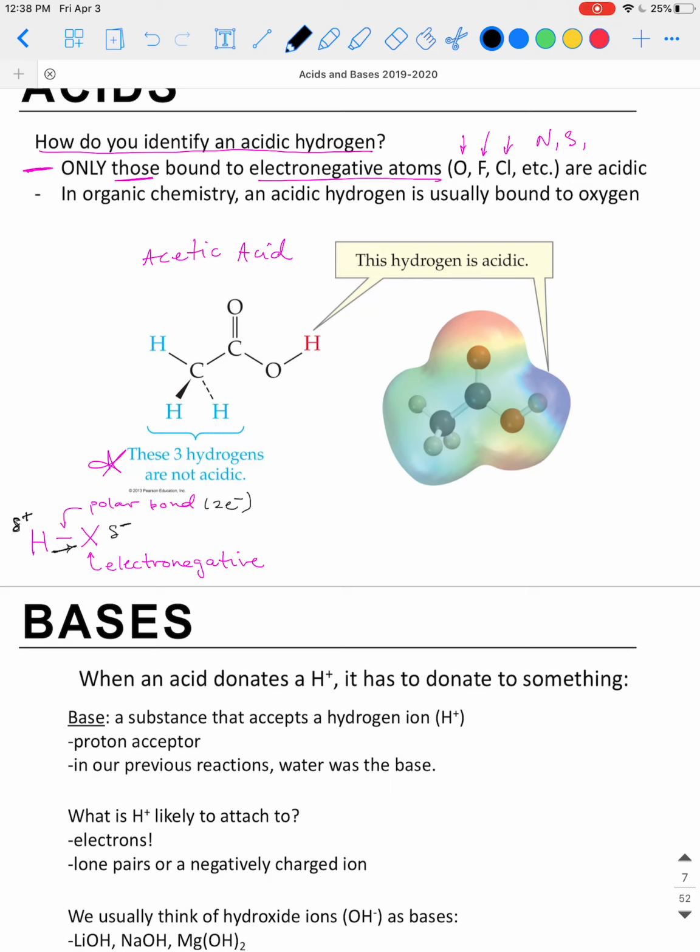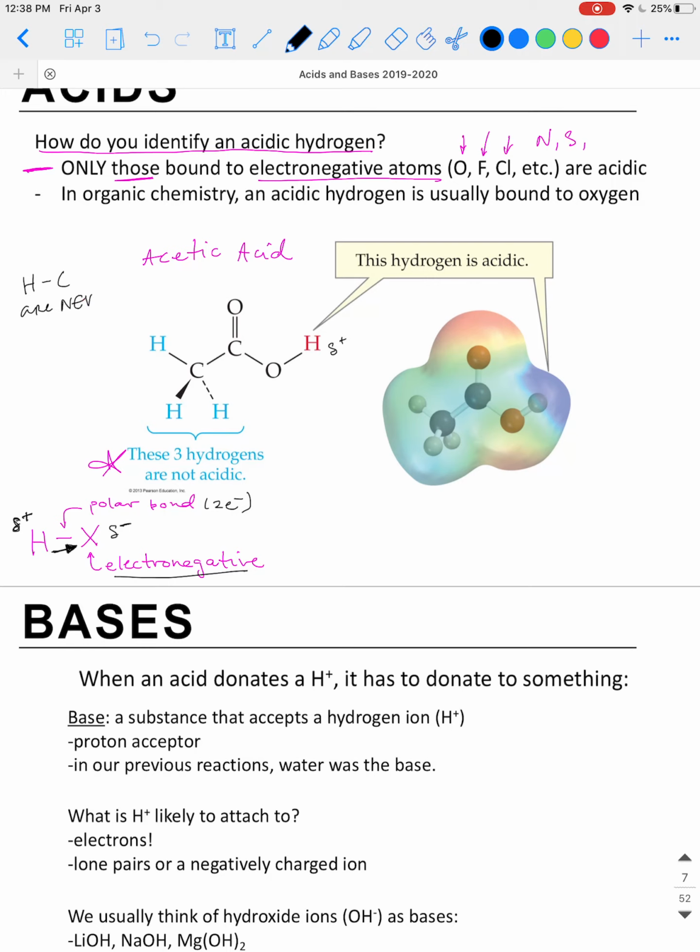Anything we say is partial positive is electron deficient, because the electrons are shifted towards X. This is an uneven tug-of-war match. The electrons are pulled harder towards X because electronegativity means that atom wants electrons. It likes electrons. So that's how we identify when a hydrogen is acidic: if it is a partial positive, a positively polarized hydrogen.